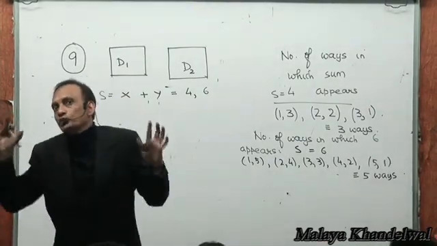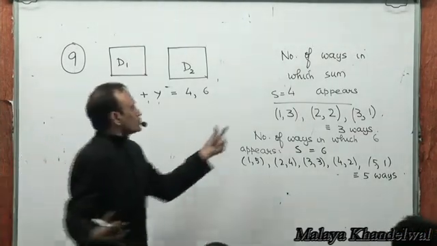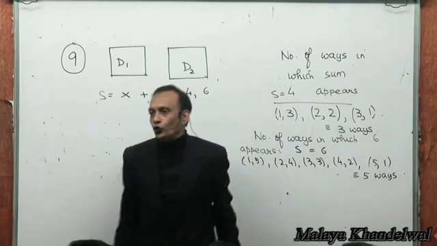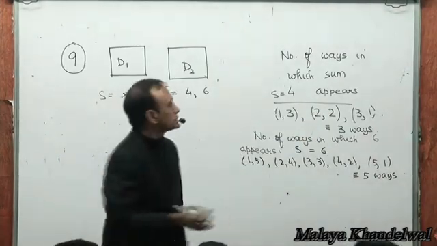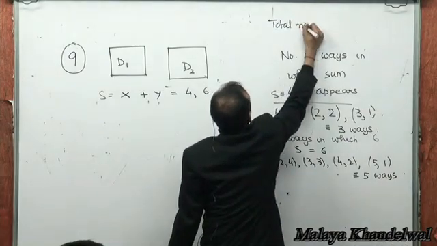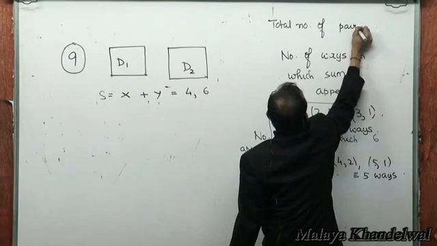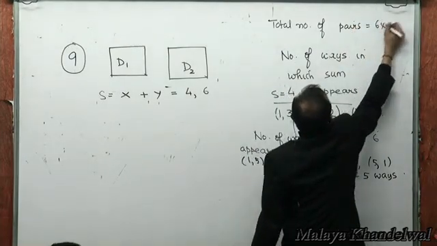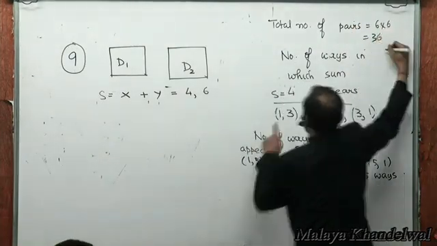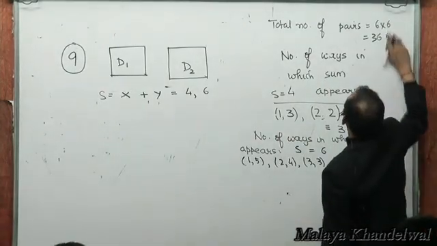Now, total number of pairs that could appear when I roll 2 dice is 36, right? Pairs is 6 into 6, which is 36 pairs. 36 such pairs could appear when I roll 2 dice.